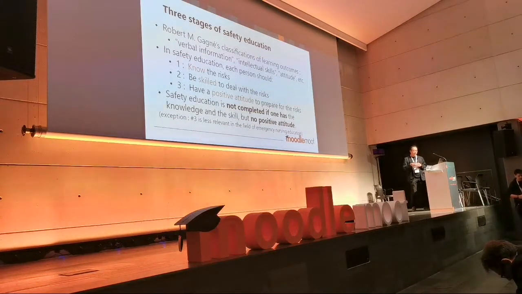So it's a very important point for preventing dangerous things or risks. Except that the third outcome, the positive attitude, is not so relevant to nursing education because they are quite professional.